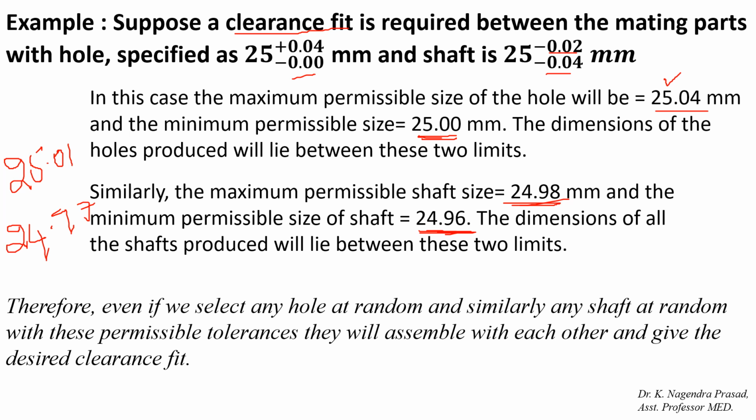Then in this case, the 25.01 hole and 24.97 shaft will give the clearance fit. Similarly, if I randomly select any hole and any shaft, this will give the clearance fit. So this is the example of the interchangeable assembly.